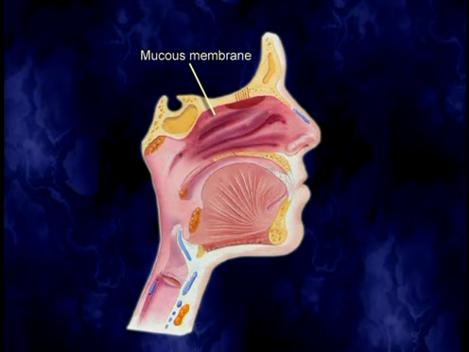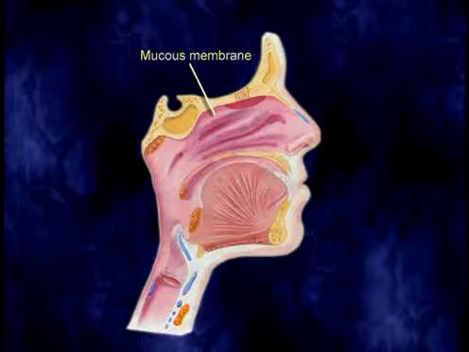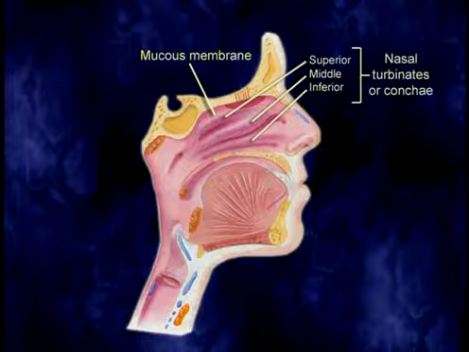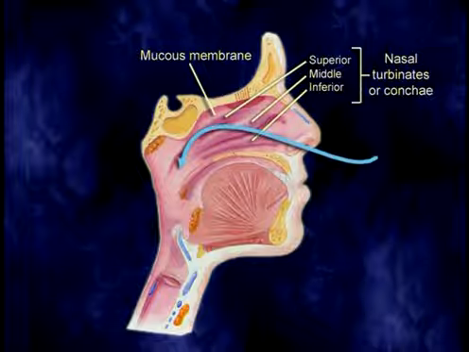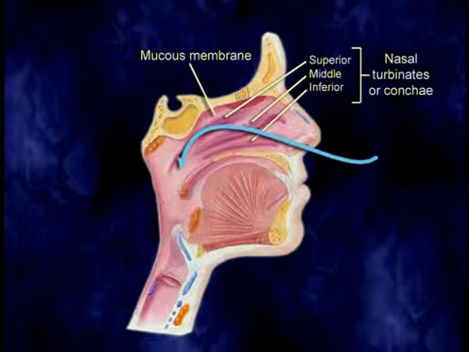And it has in it lots of redundant tissue heaped up in what are called turbinates or conchae. The turbinates provide lots and lots of extra surface area by being redundant and wrinkled, and have a very, very rich blood supply so that air coming in over the turbinates can be warmed.